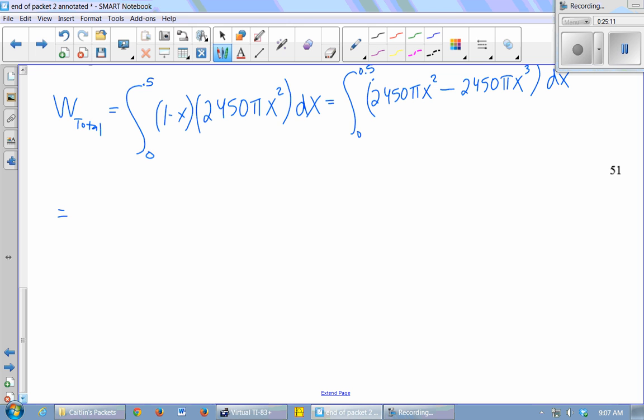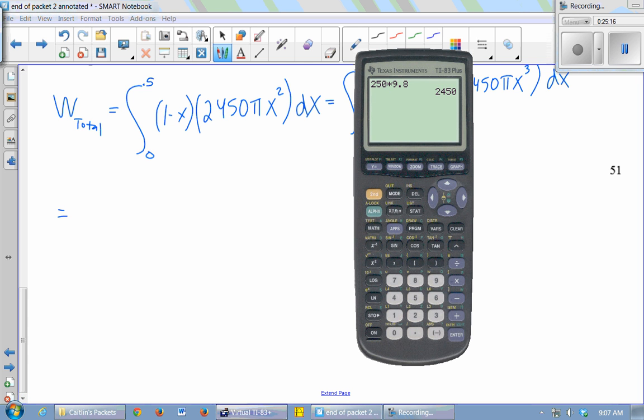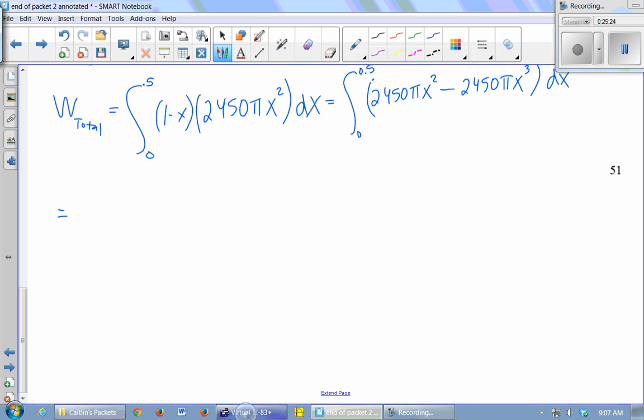So my antiderivative of the first term, 2,450 divided by 3. I'll just leave it 2,450 over 3.